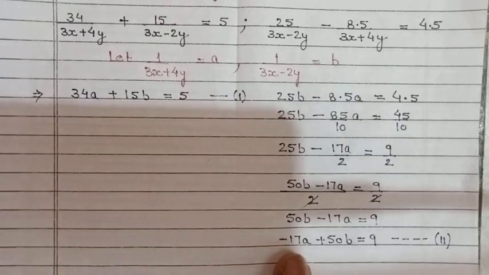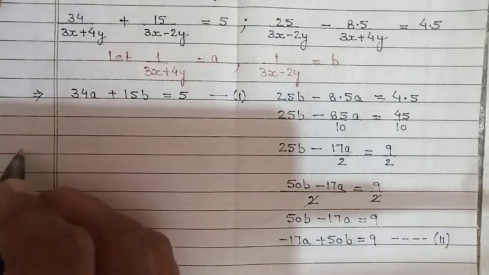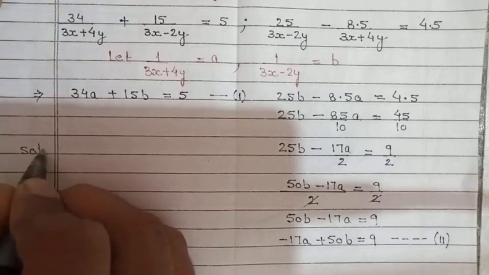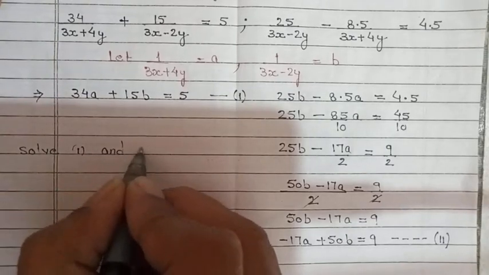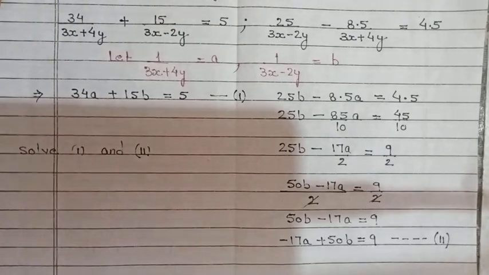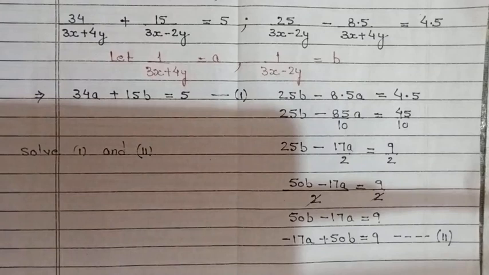The second equation is also in two variables a and b. Now we are going to solve these two equations to get the values of a and b. So let's solve 1 and 2.